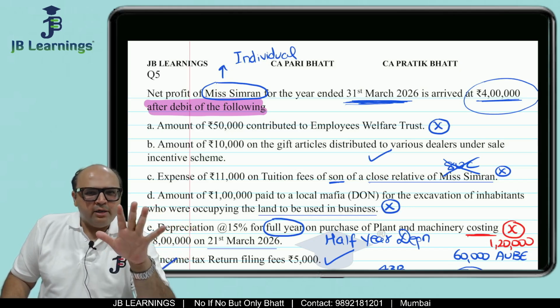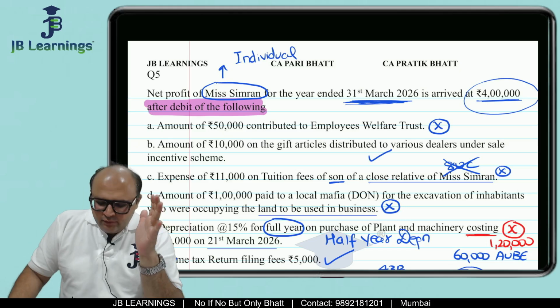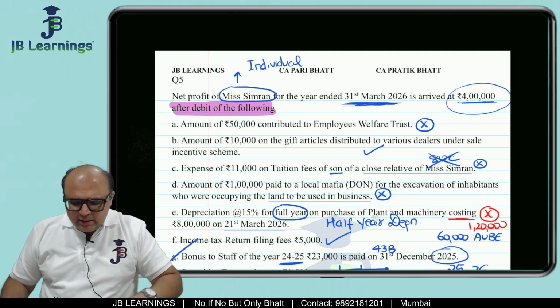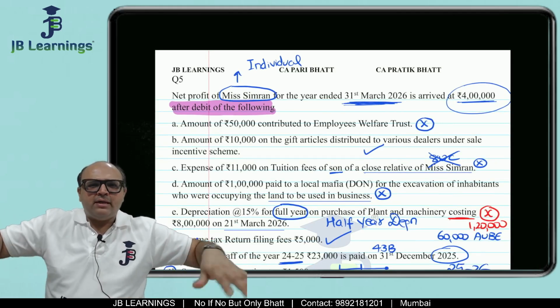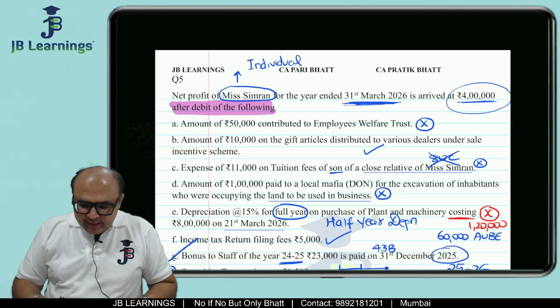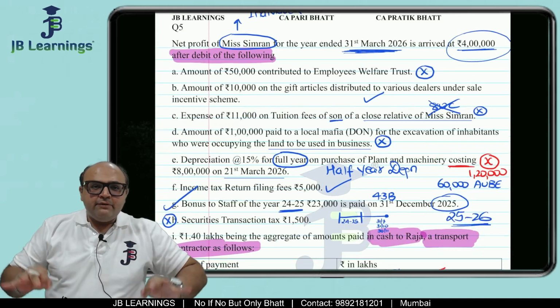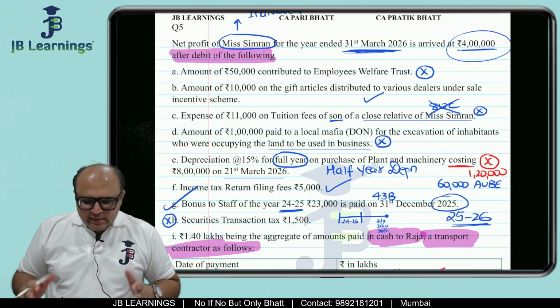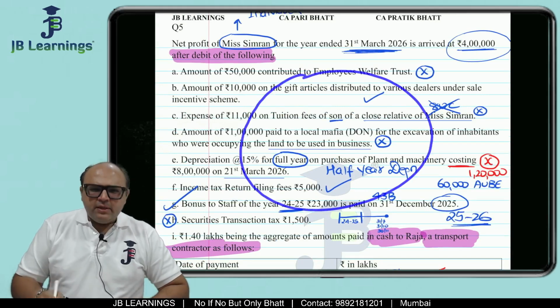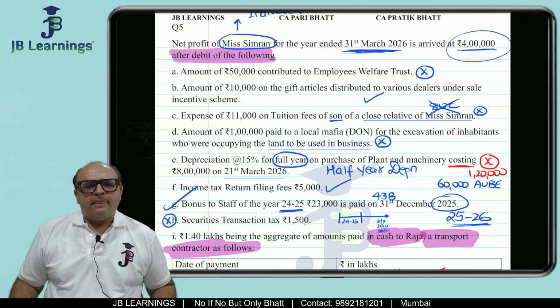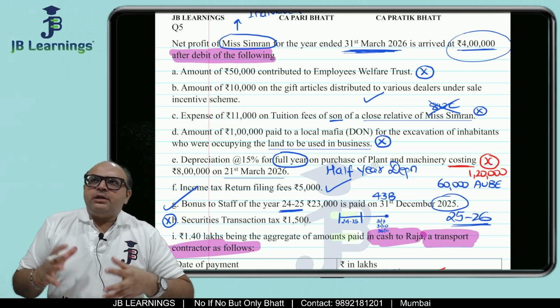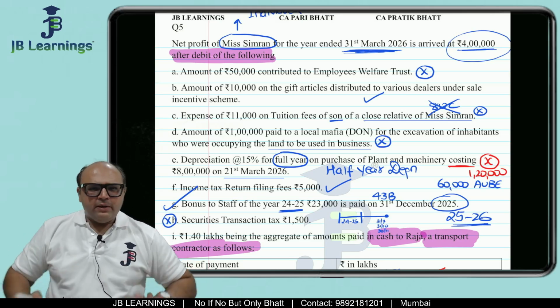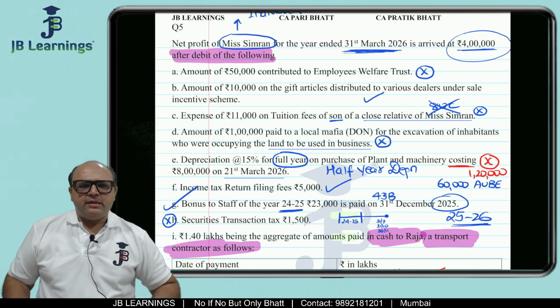You don't have to worry about that. Friends, I am not just teaching you paragraph form sums for the sake of solving. I am explaining each and every adjustment also. This same adjustment can be asked in T form also, no? So why are you thinking that if the question is asked in T form, all this exercise will get wasted? No, it will not get wasted.